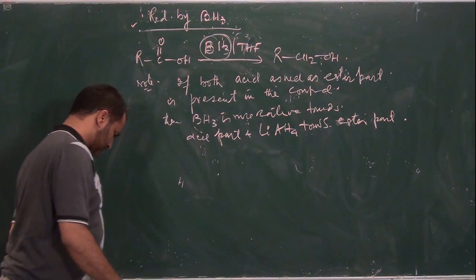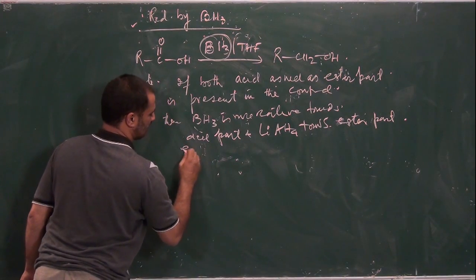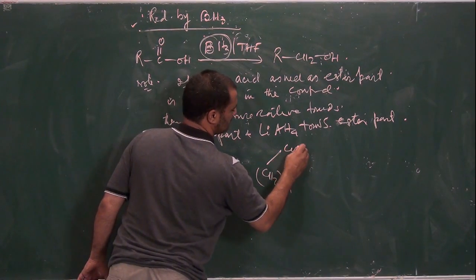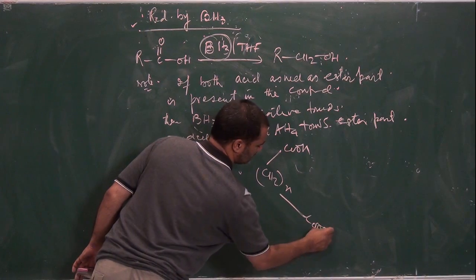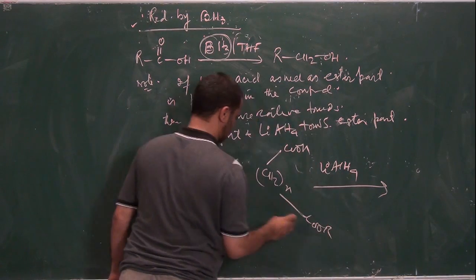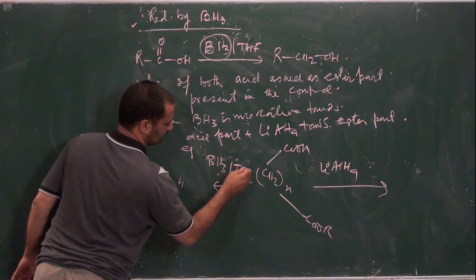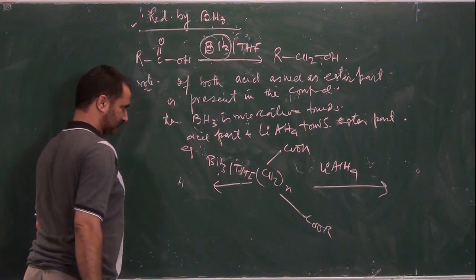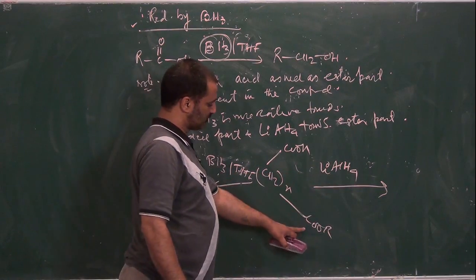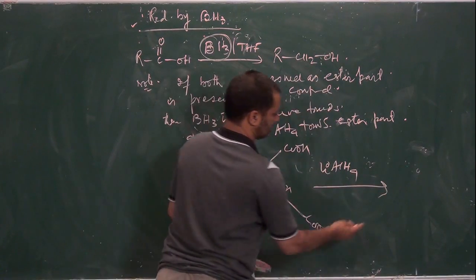For example, I have CH2 whole N, this is COOH and this is COOR. Here it is lithium aluminum hydride and here it is BH3/THF. As I have mentioned, lithium aluminum hydride is more reactive towards the ester part, so what will be the product here?